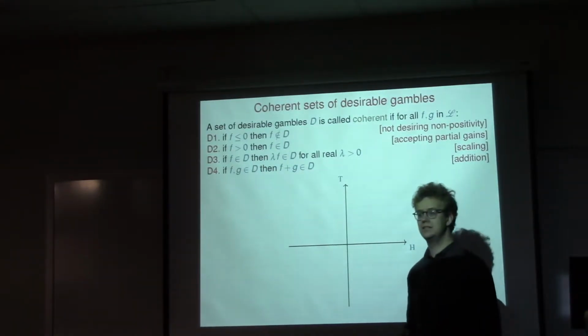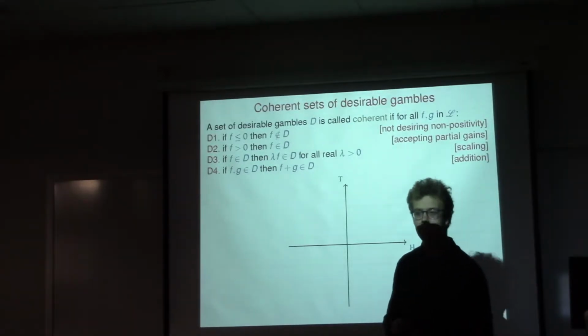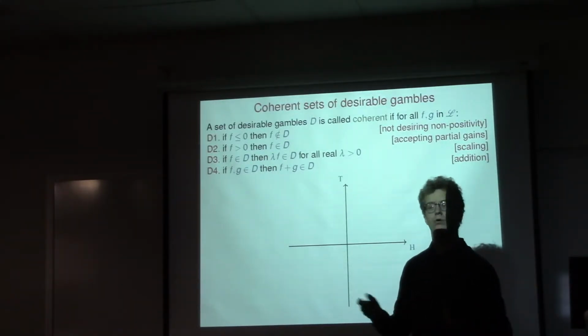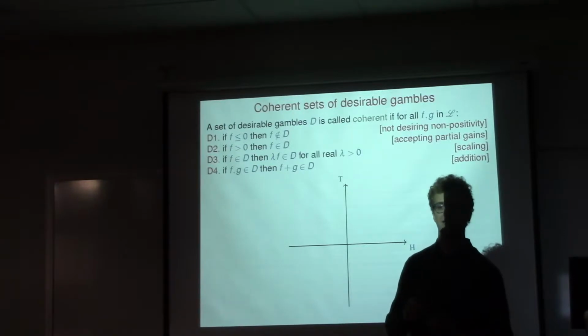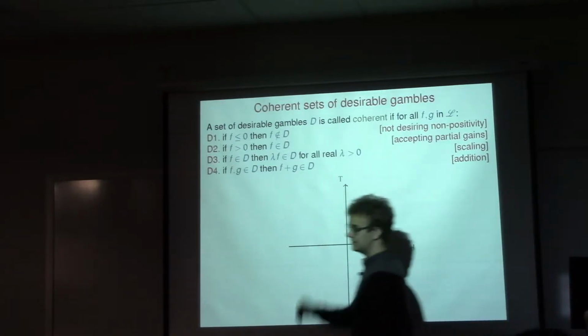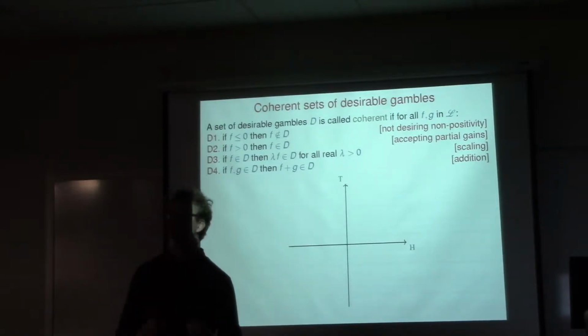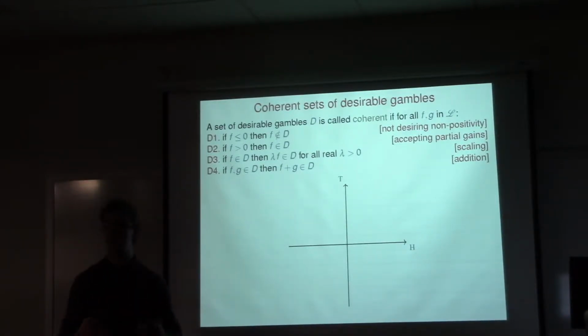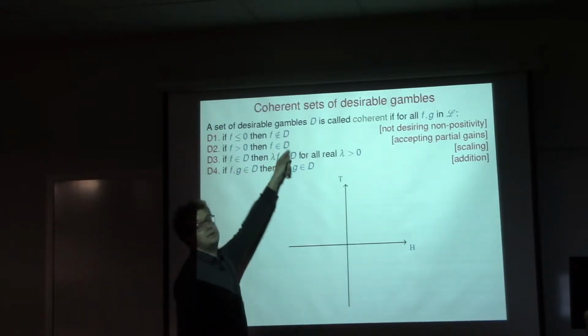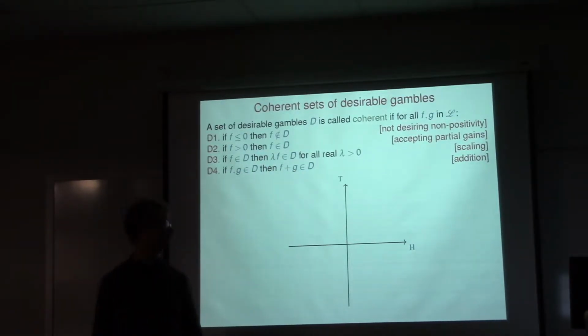In other words, every component is at least 0 and there are one or more components that are strictly bigger than 0. If that is the case, in the worst case I do not win anything, but there's always at least one outcome that lets me win something. Then it should be desirable, it should be better than 0.